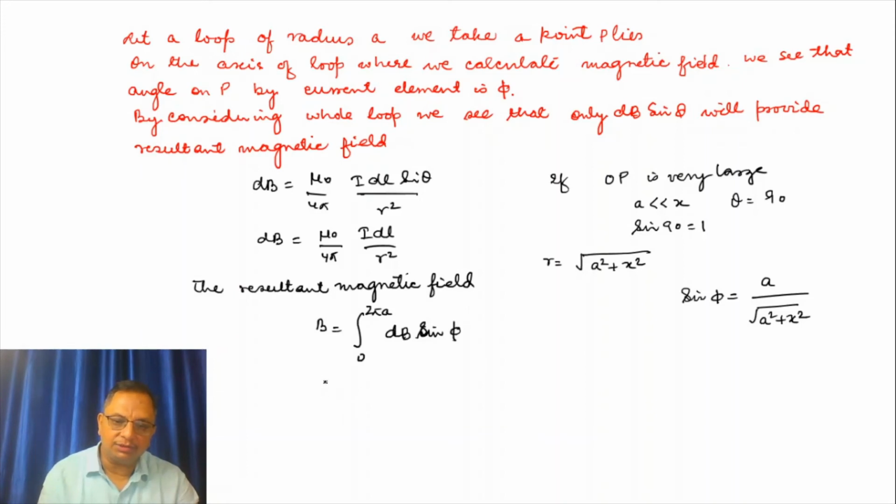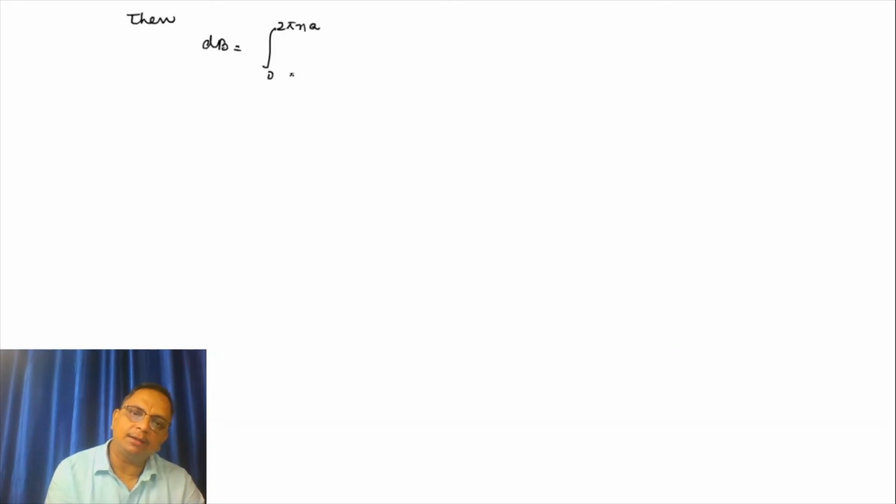Now we put all these values. We can take another assumption also: if the loop has n turns, then B is the integral from 0 to 2 pi n a of dB sin phi.